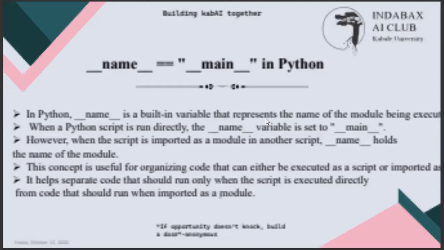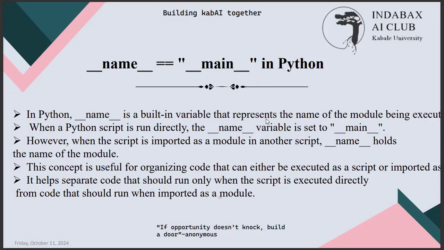Then we have what we call __name__ equals "__main__" in Python. This variable is a built-in variable that represents the name of the module being executed. When a Python script is run directly, the __name__ variable is set to "__main__". However, when the script is imported as a module in another script, __name__ holds the name of the module.